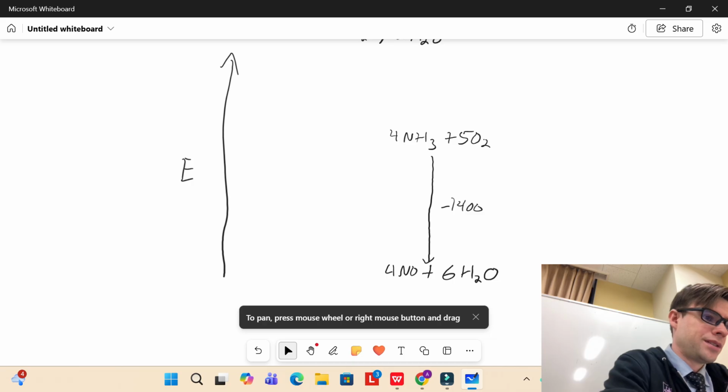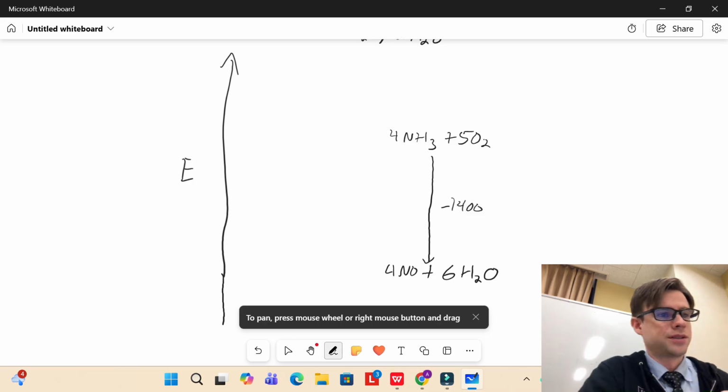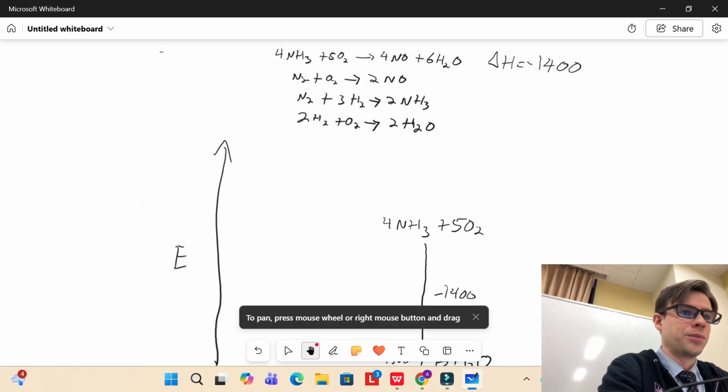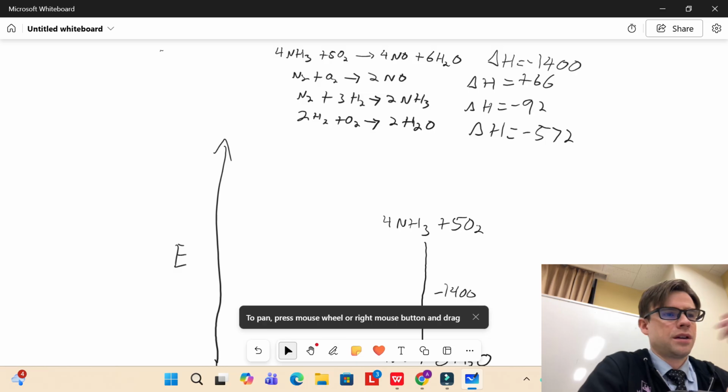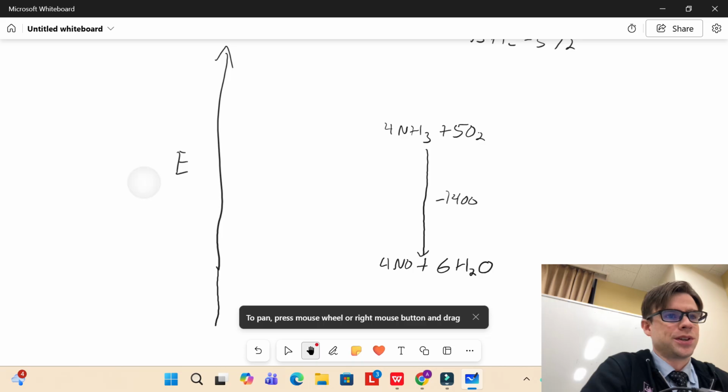What you do next, though, is really not always obvious. But what I like to do is ask, is there anything that is higher energy and anything that is lower energy in any of the other equations? And then you can draw those above or below. So I'll remind you the enthalpies for 1, 2, and 3 as well. So do we think there's anything here that's lower energy than 4NO plus 6H2O?